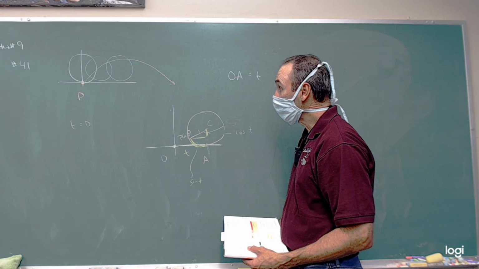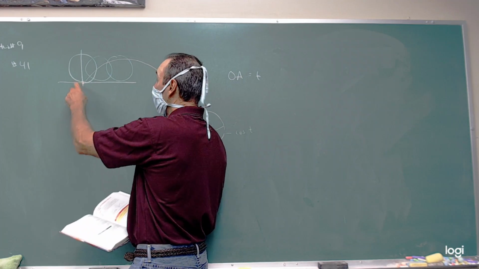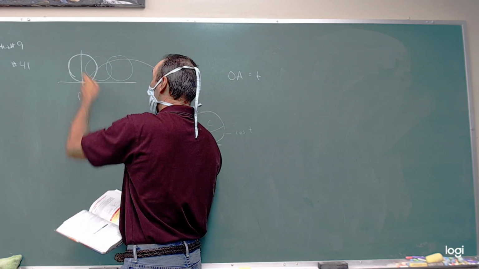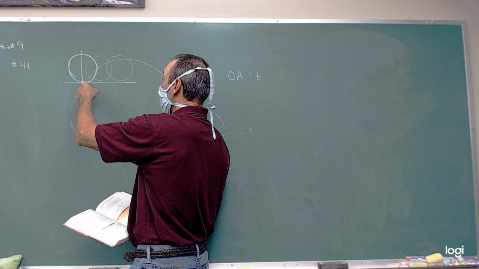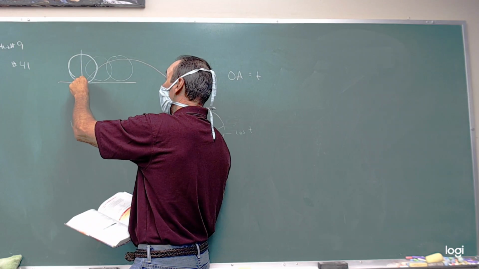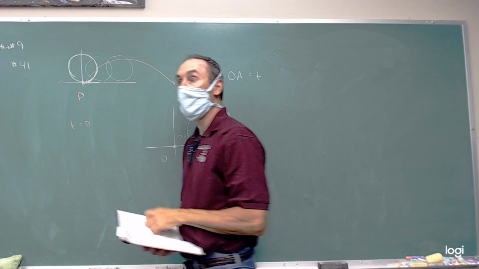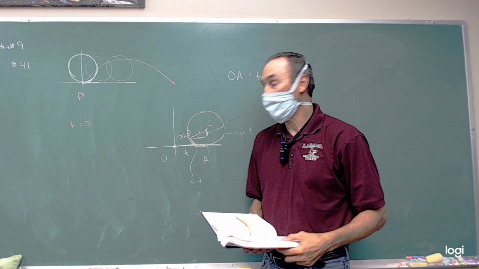So if you can see here, here's our circle in its starting position. And then as it rolls this way, the distance it travels along here is going to be the distance that we travel along there. That's where the rubber meets the road, where that tire's touching it.